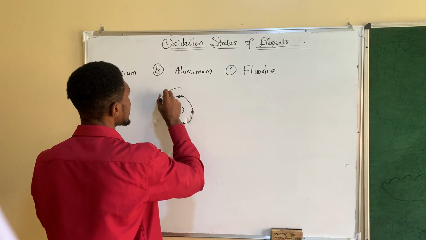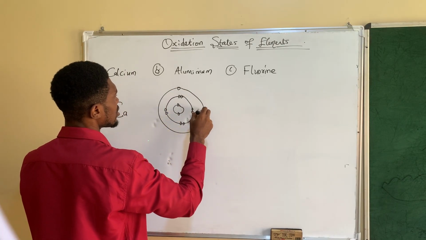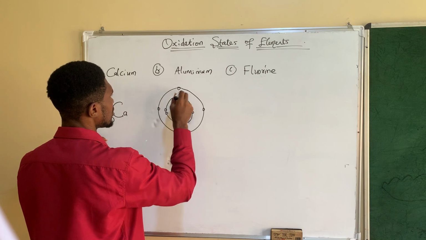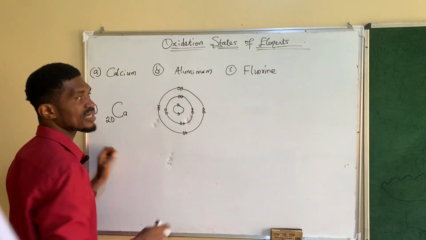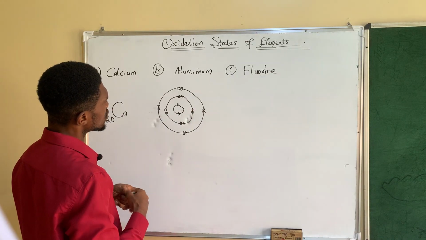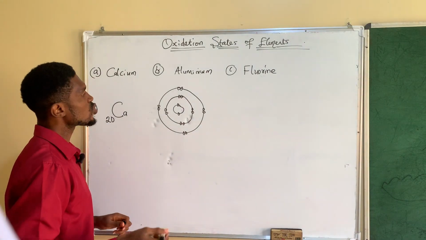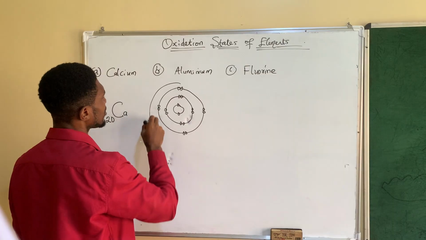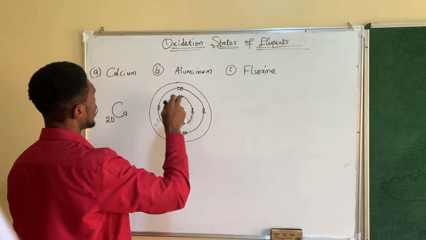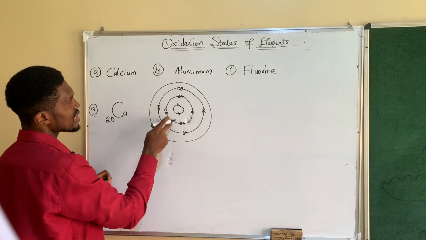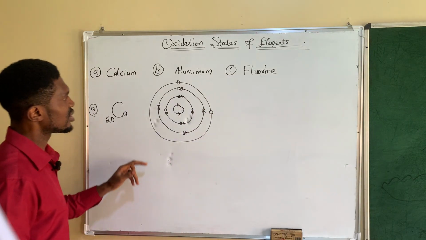So add an additional 8 again, which is 18, that is 2 plus 8 is 10, 10 plus 8 is 18. Then we have the last shell. We have 20 minus 18 which is 2. So the last shell will have 2 electrons.